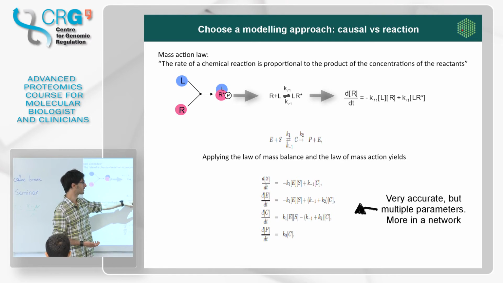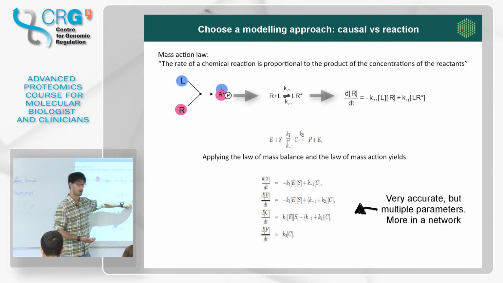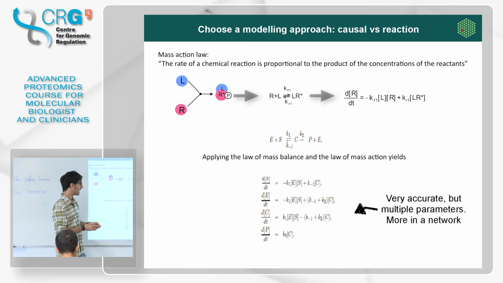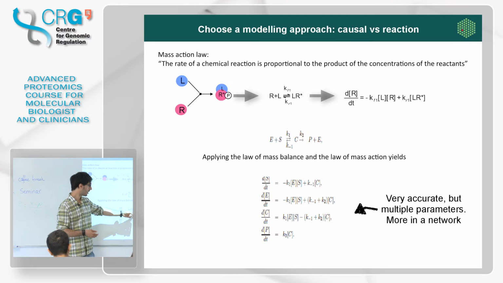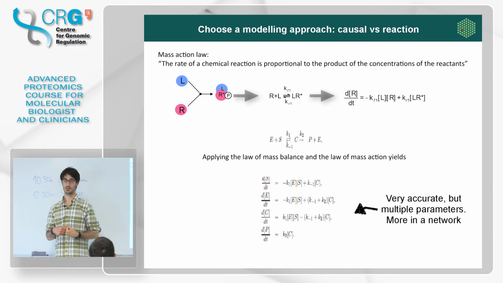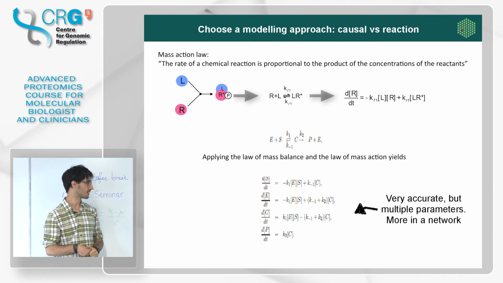And then once the complex is formed, then you have a product and you have back the enzyme. So this happens. If you think about it as a network, it's actually a super small network. And even though it's so small, I already have all of these parameters here, all the forward and the backward kinetic rates of only the binding of the enzyme to the substrate.